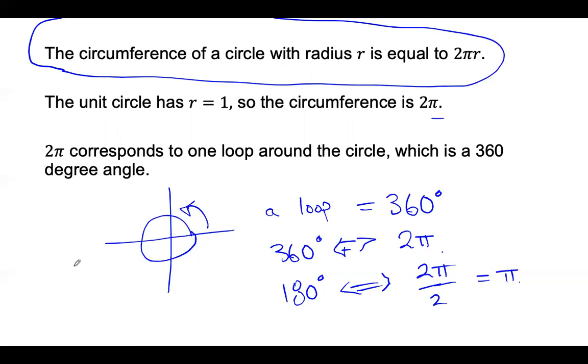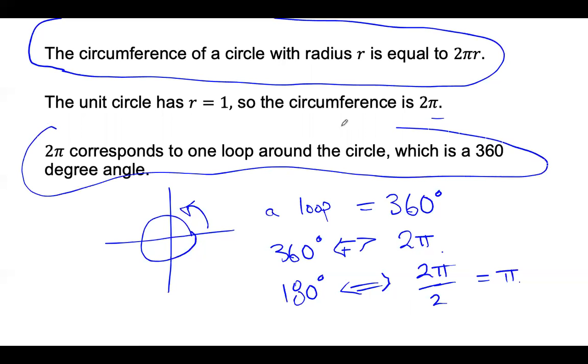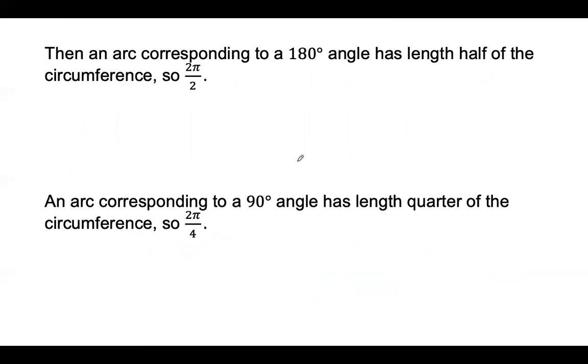So half of the circle is pi. So it's actually kind of important. So then an arc corresponding to 180 degrees, we can draw this. So half of the circle. So this is 180, because the whole thing has the circumference of 2 pi divided by 2.